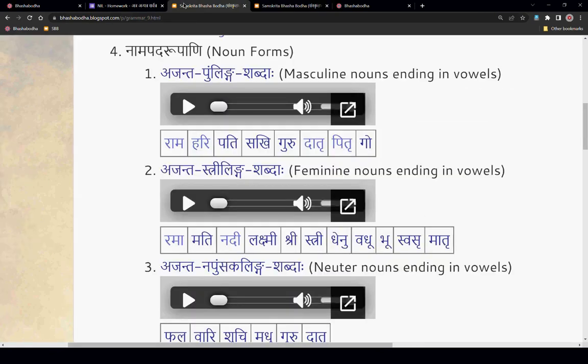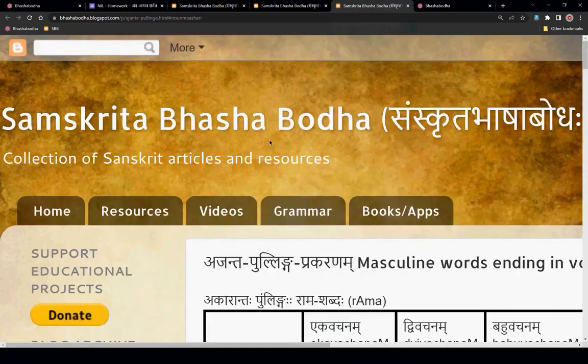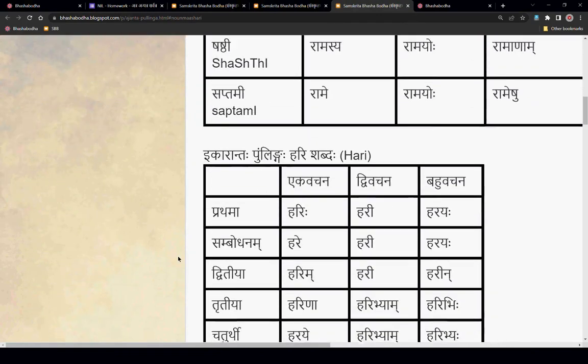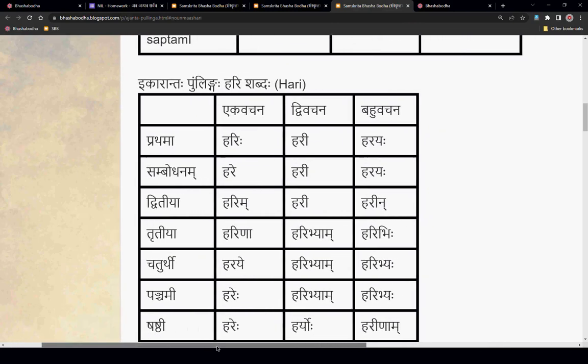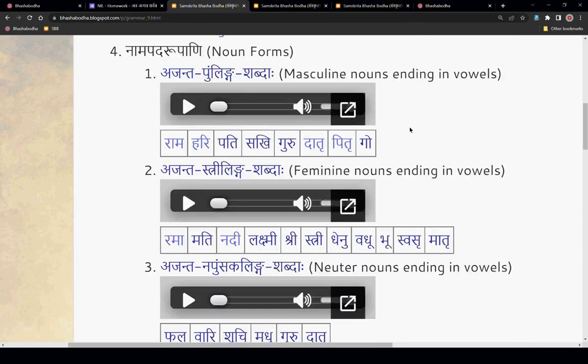Now coming to the other word, where the base word doesn't have visarga, you get to Hari, which is like Kavi, and it's on the same page here. In prathama, Hari becomes Harihi, and bahuvachana becomes Harayaha. Now what is the indication, or what is the logic here?